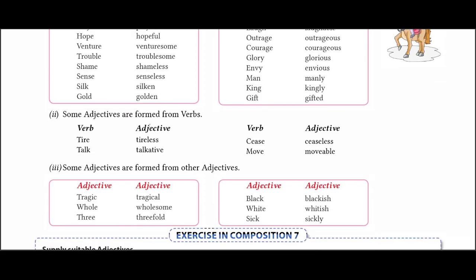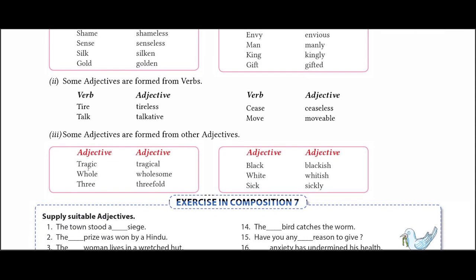Some adjectives are formed from verbs. Look, tire is a verb, and we have the adjective tireless. Talk, talkative. Cease, ceaseless. Move, movable. Adjectives can also be formed from other adjectives, like tragic is an adjective. From tragic, we can form another adjective, tragical. Whole, wholesome.